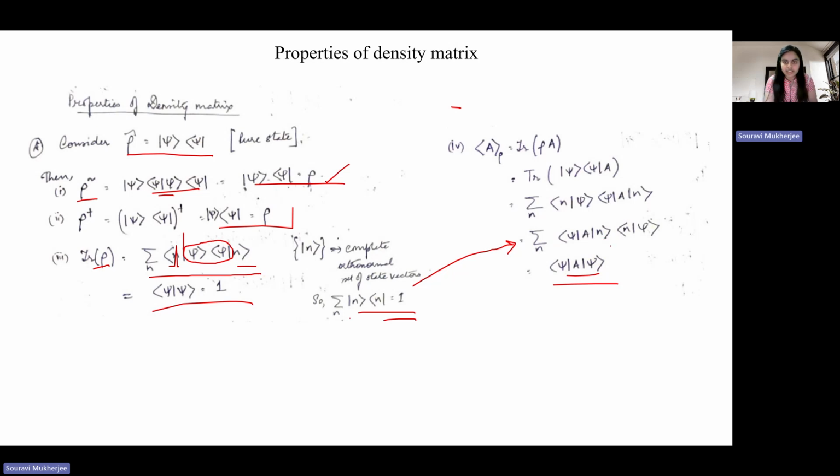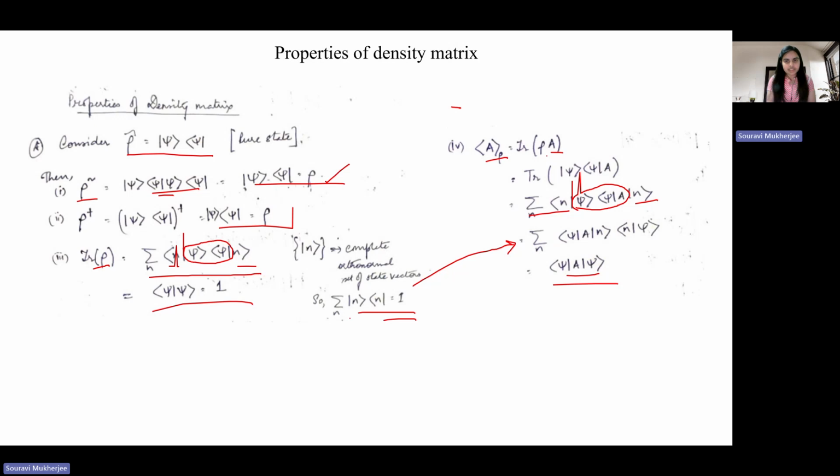Once you have done this, you can rearrange it further, and once you write it like this, what you have now got is the trace of this matrix. So when you are finding the expectation value of some observable or operator, what you are basically doing is finding the trace of the product of rho, your density matrix, with that operator.